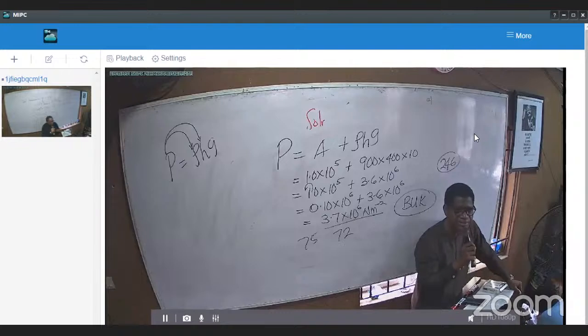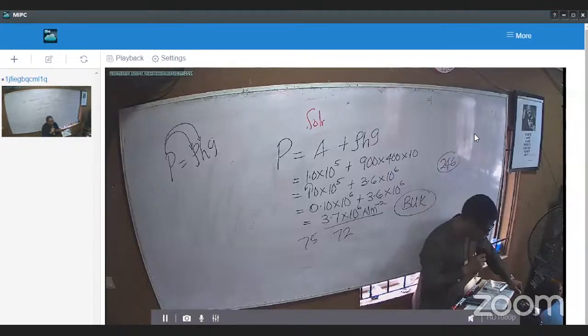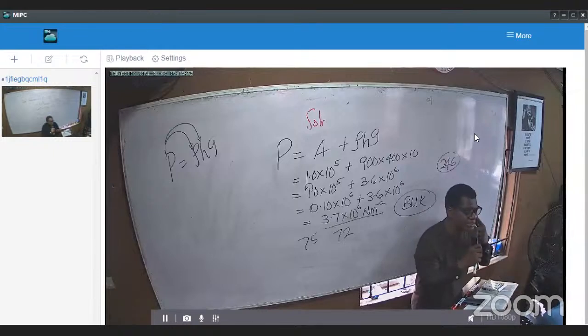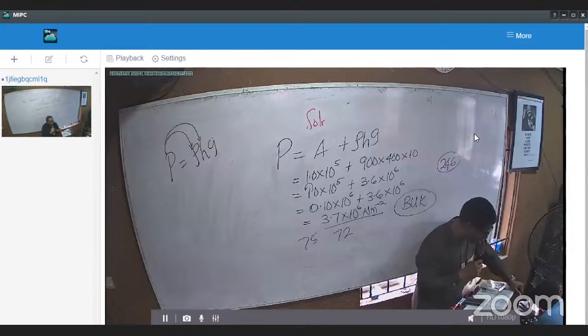Option C: is the same in all directions at a given point. Option D: is equal to the atmospheric pressure.